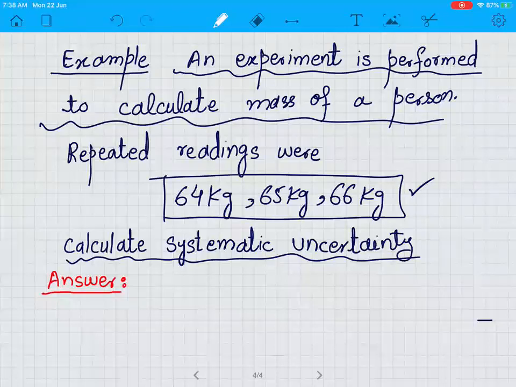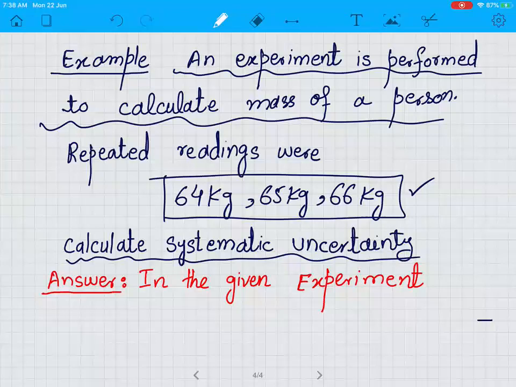So in the given experiment, actual value is missing.